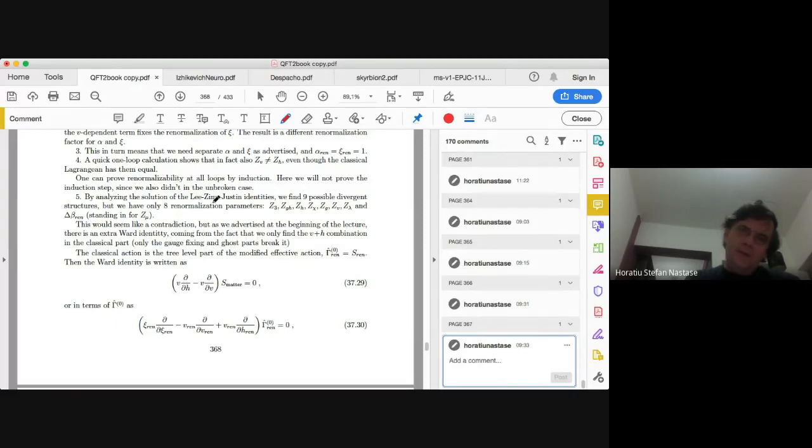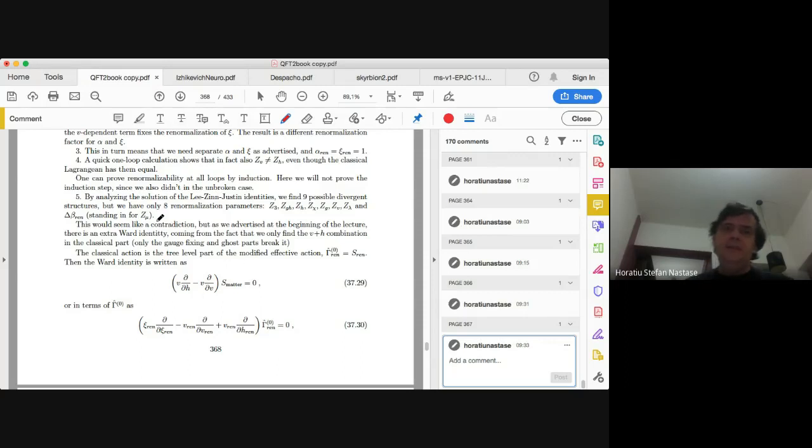But then also, I will not do this explicitly, but here we will find 9 possible divergent structures. On the other hand, we have 8 renormalization parameters: Z3, Z ghost, Z_H, Z_chi, Z_G, Z_V, Z_lambda, and delta beta renormalized, or Z_mu if you want.